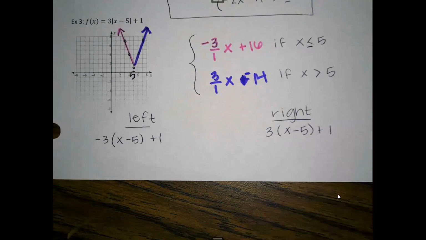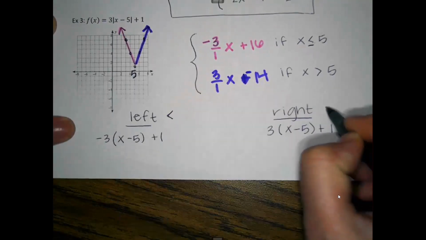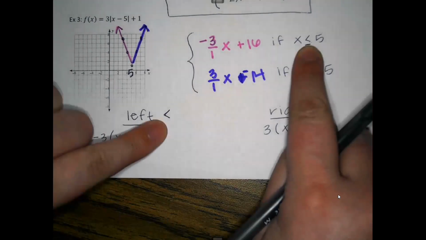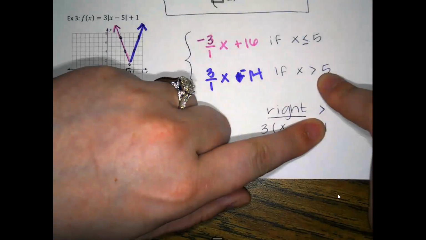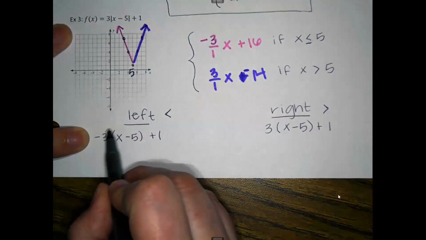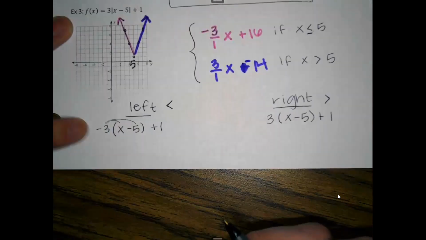Okay, and then what you do is you just get rid of the parentheses. So if I'm getting rid of my parentheses, I'm going to do -3 times x, -3 times -5.